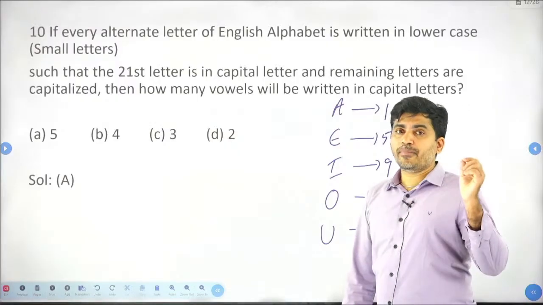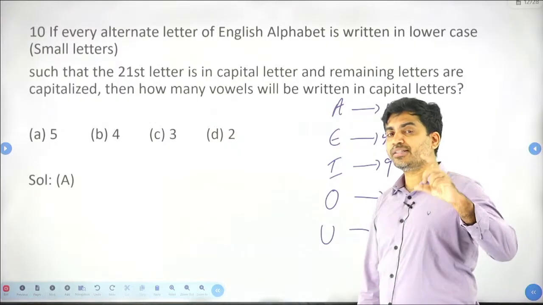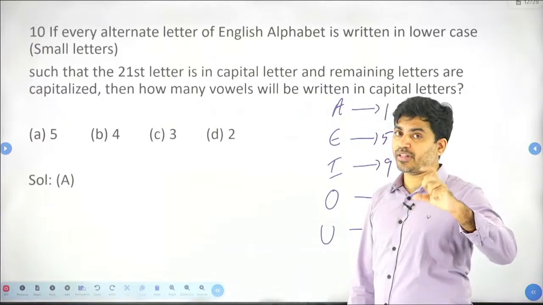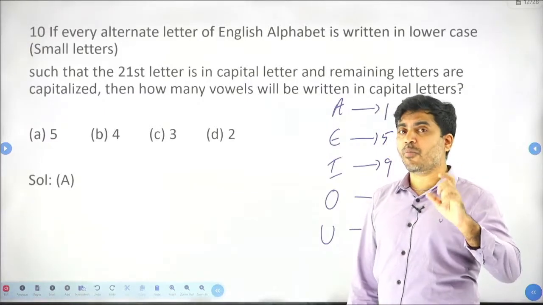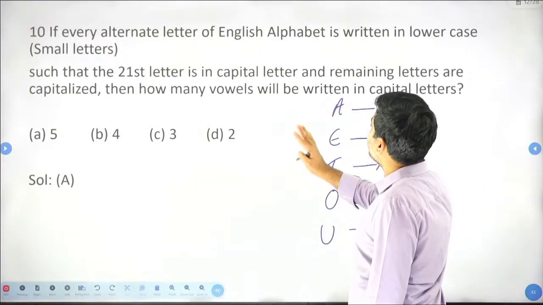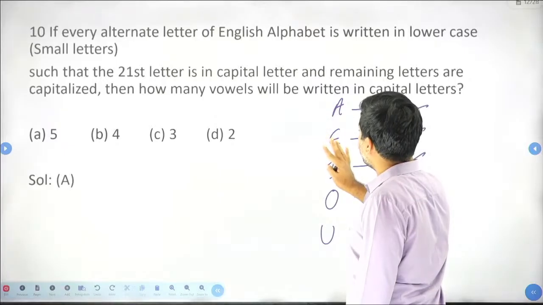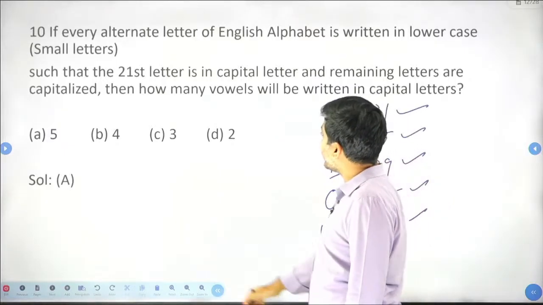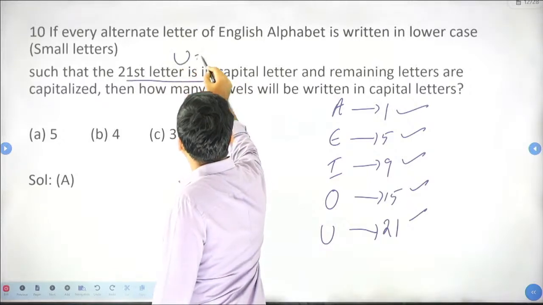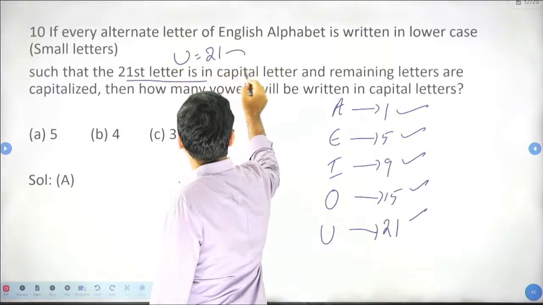If it is odd number, what is the style of alphabet, whether it is capital or smaller letter, we will see. The set, okay, 21st letter is in capital, okay, means what is that? U, right? U number is 21, they are saying it is capital.